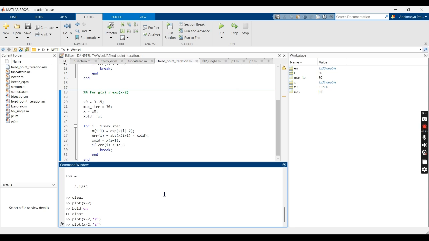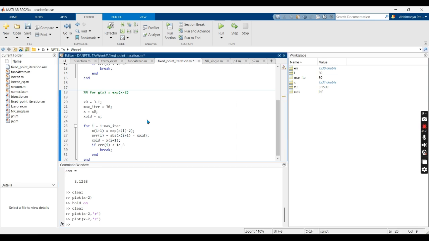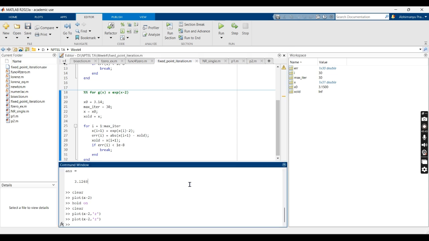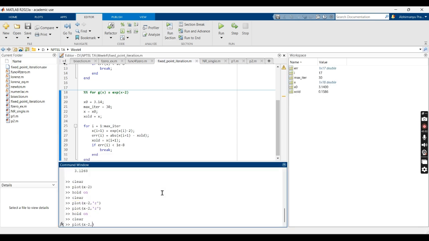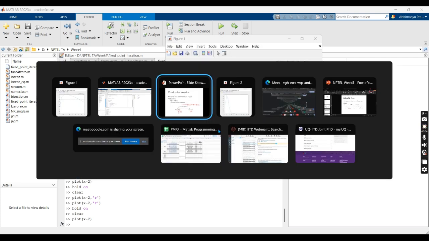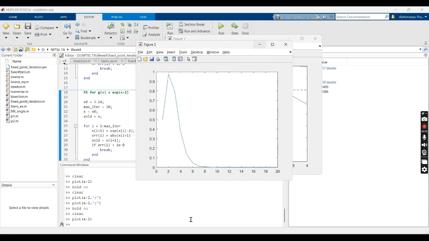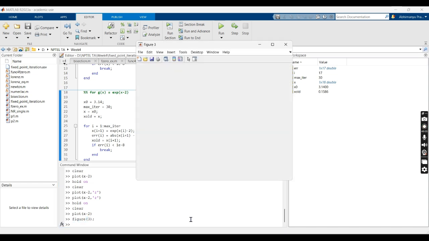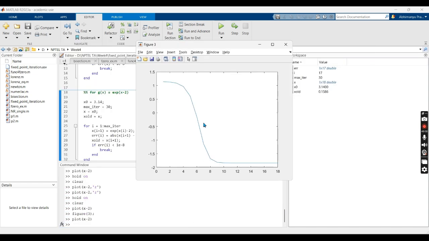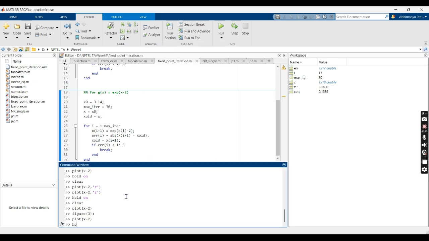Instead of all the values, I should have now closed that. So this is for the first case.